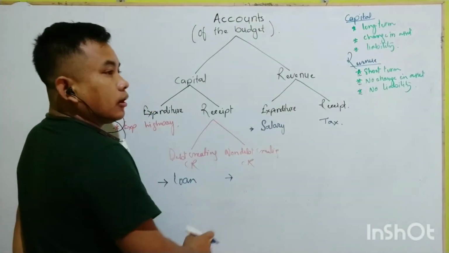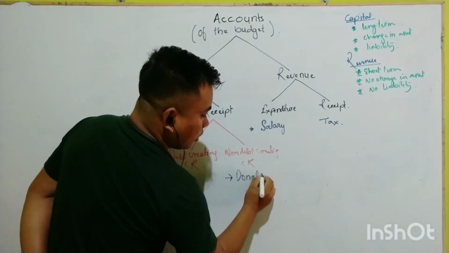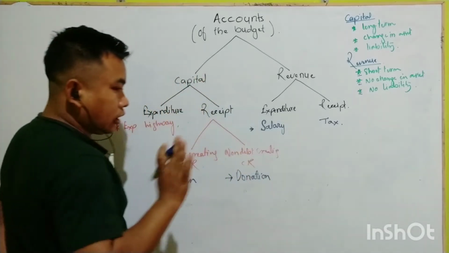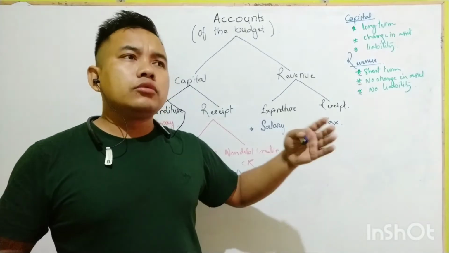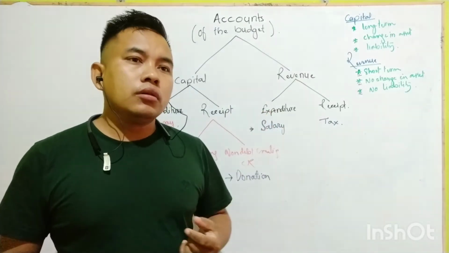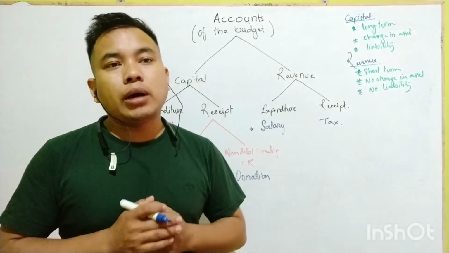Let's say donation. You are in class, so you may not know about this, but earlier, around 10-20 years ago, the government of India was receiving lots of donation from other countries.